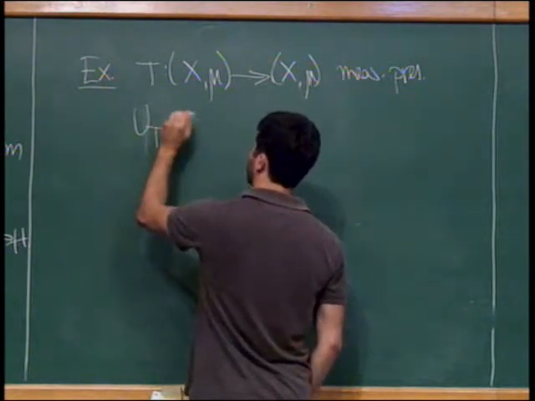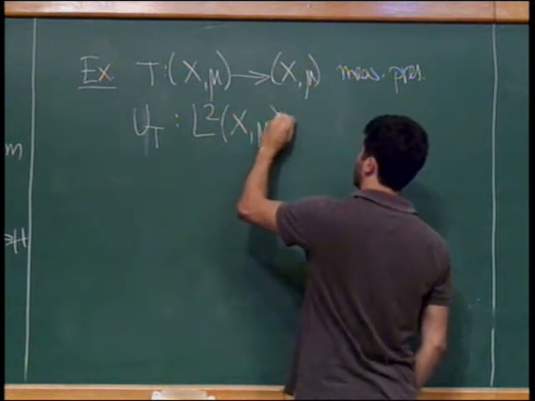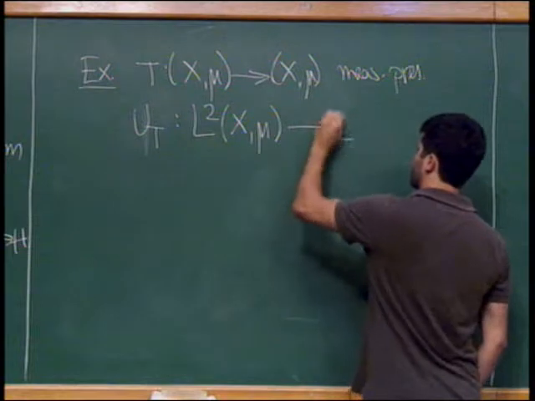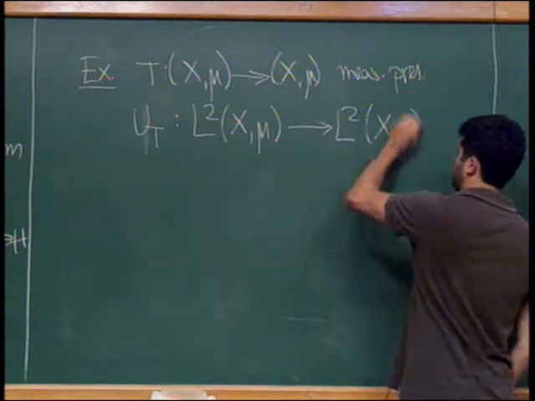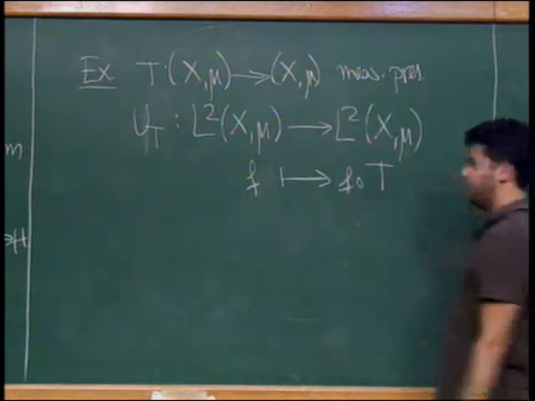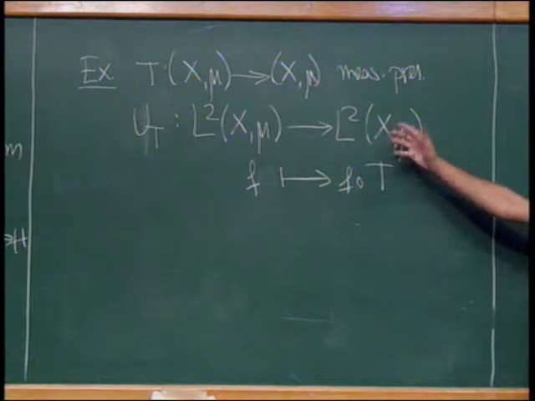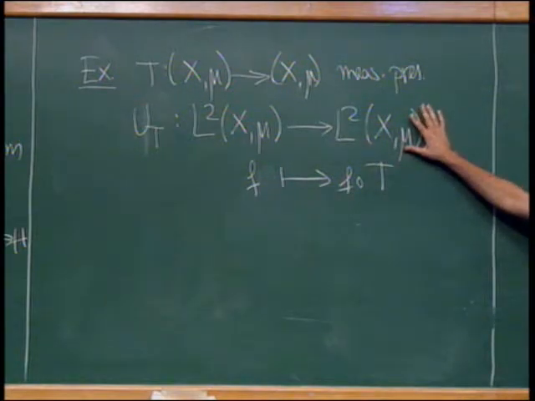It's something that I'm going to define by U_T, and it is a map from square integrable functions to itself that takes a function and composes it with the map T, right? So this is a Hilbert space.